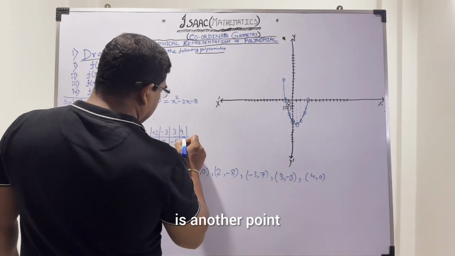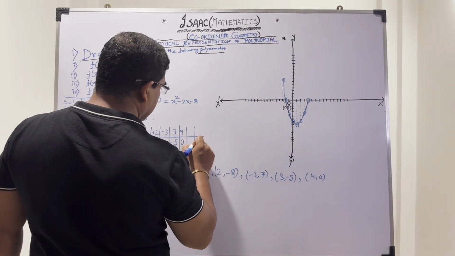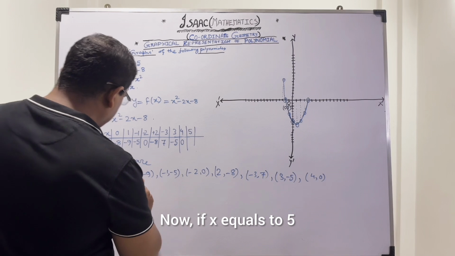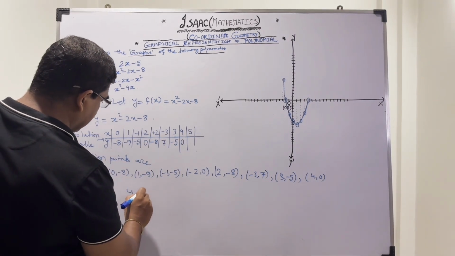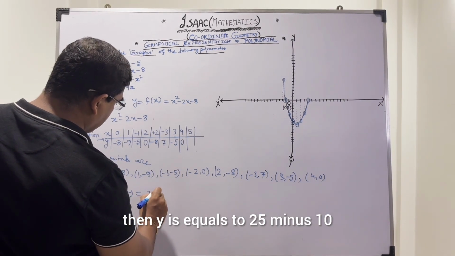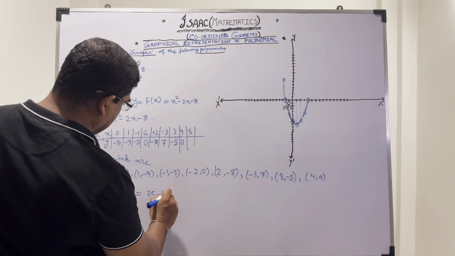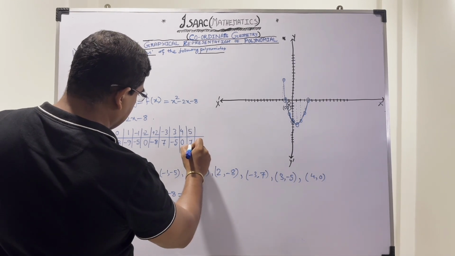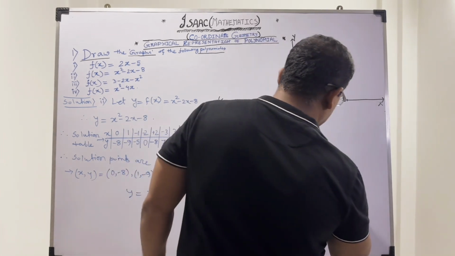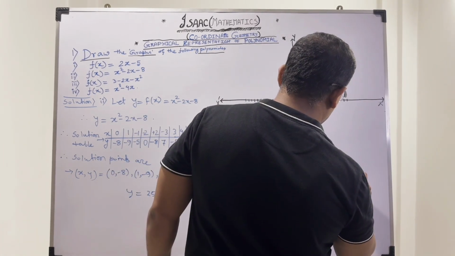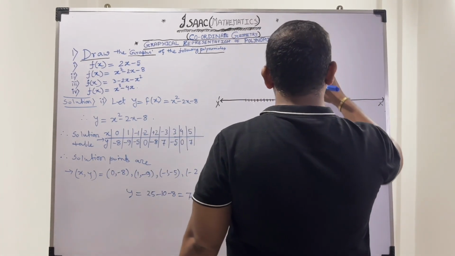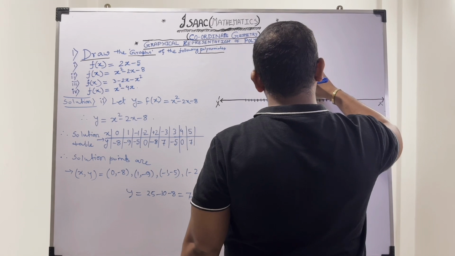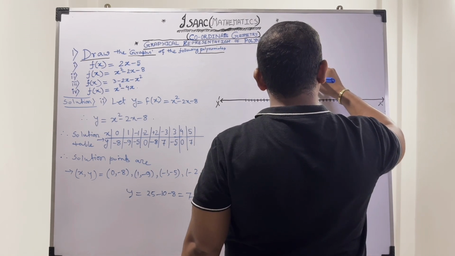If we choose another point, now if x equals 5, then y equals 25 minus 10 minus 8, that is 7.